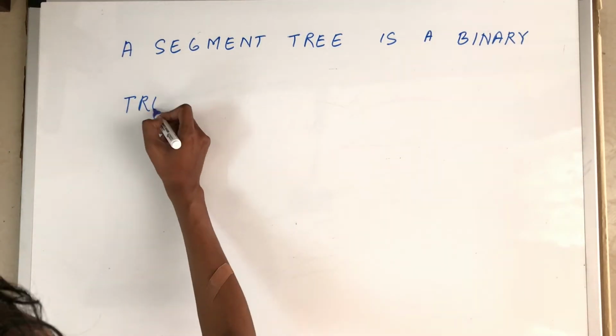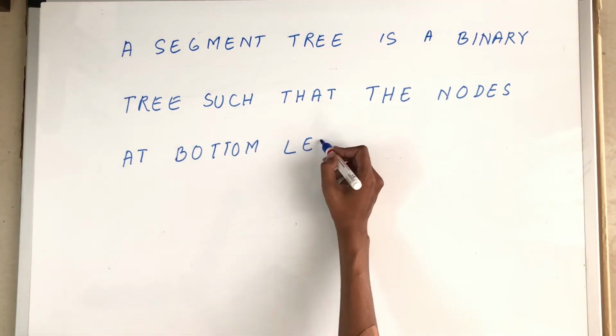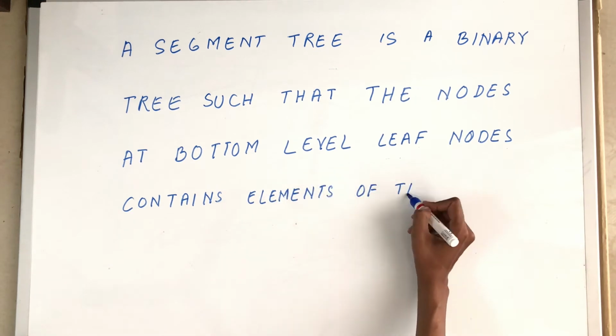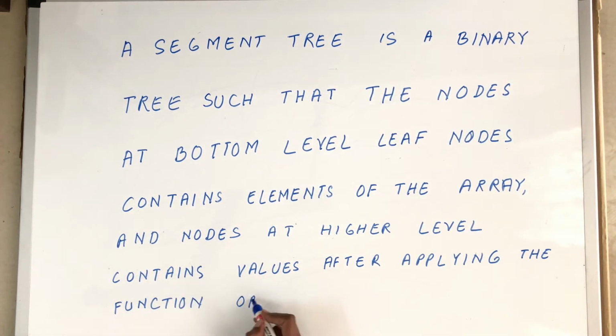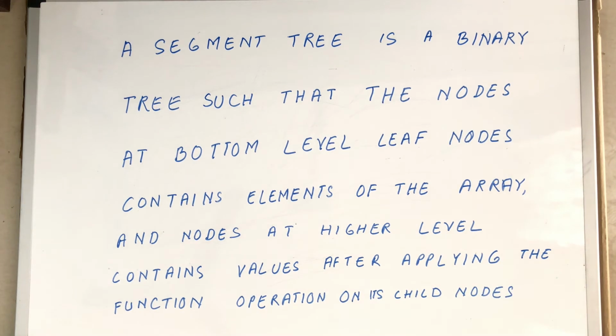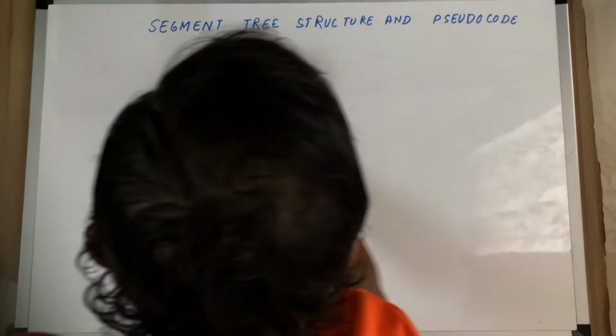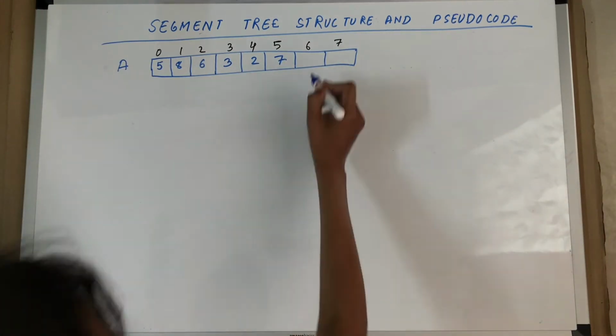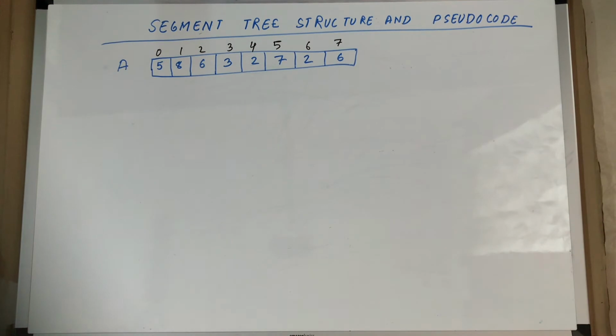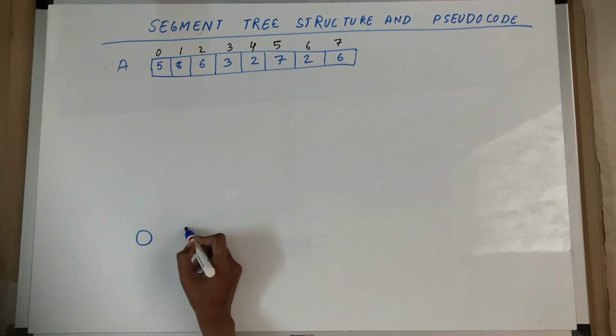A segment tree is a binary tree such that the nodes at bottom level, the leaf nodes, contain elements of the array and nodes at higher level contain values after applying the function operation on its child nodes. Let's take the example of our previous array, and we want to make segment tree to get sum for different index ranges.